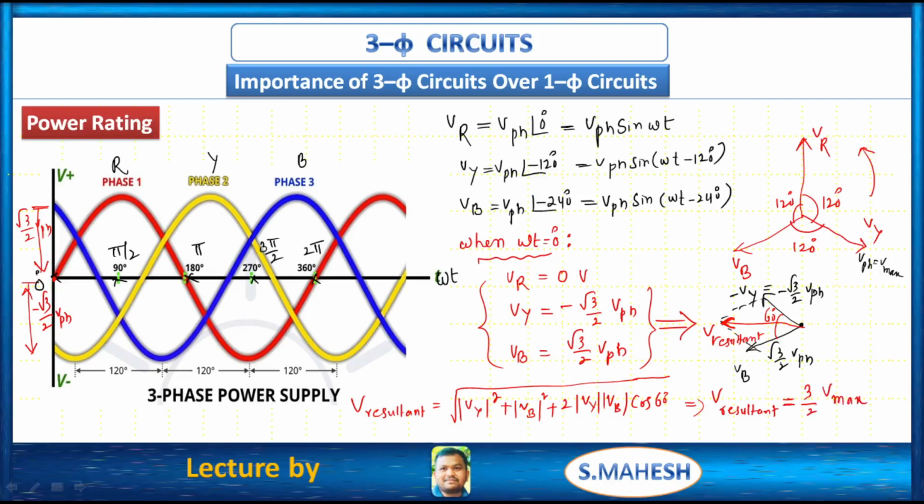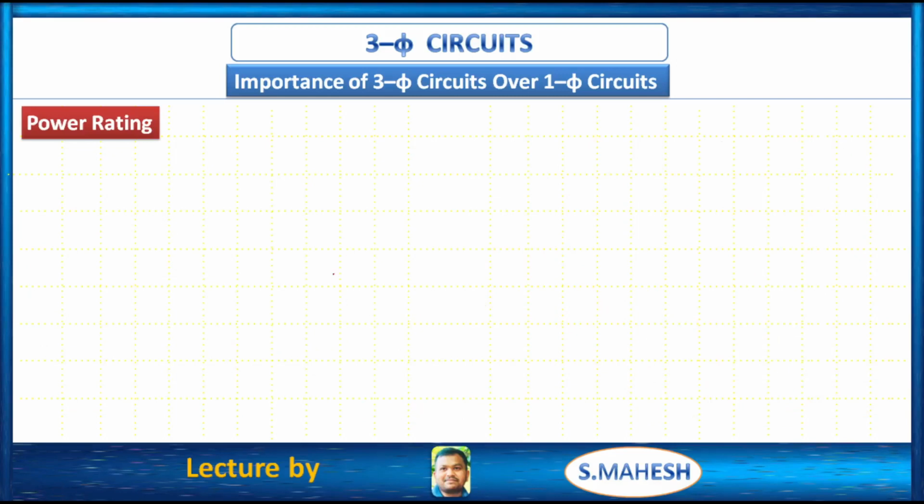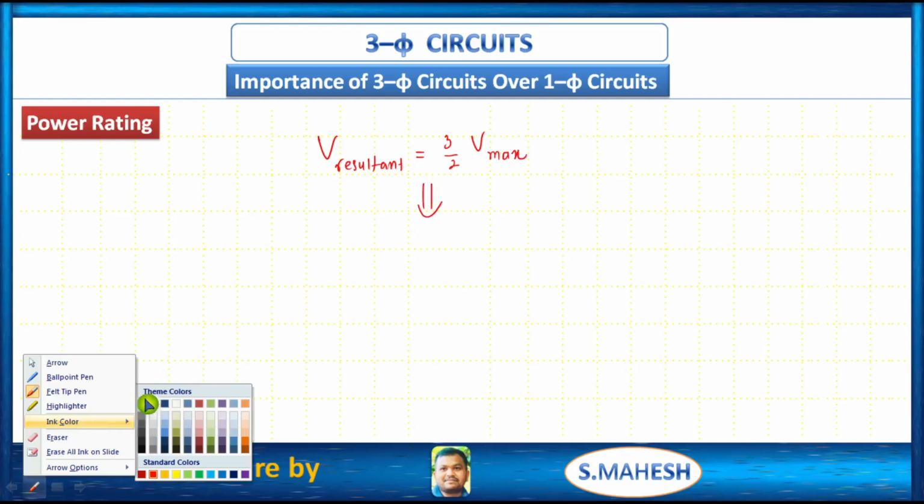Let us say this is the maximum voltage. So V resultant equals 3 by 2 V maximum. From this we can summarize the power.